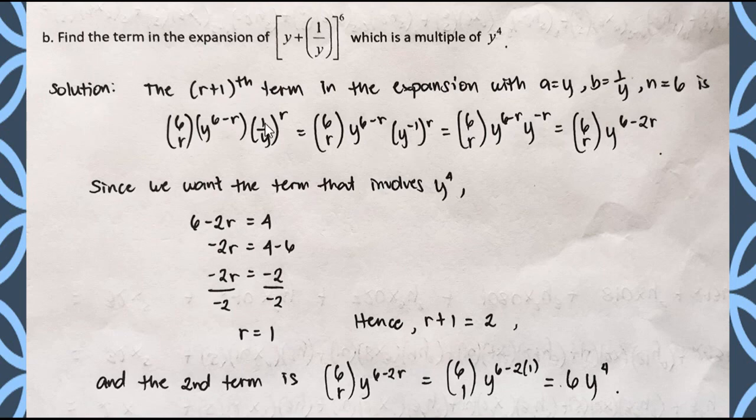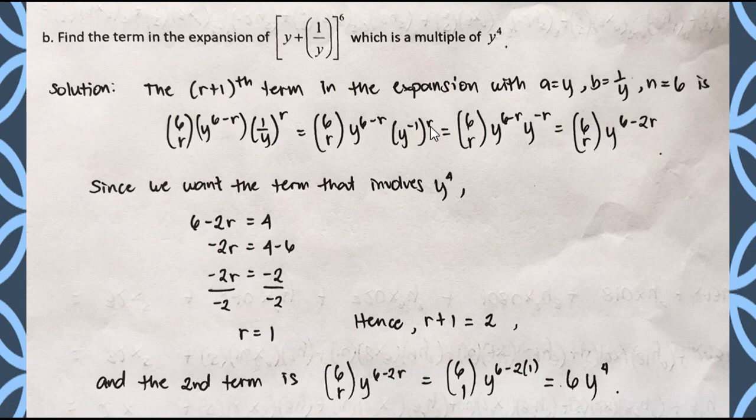Last time, kang inaog na to siya para ma-positive, diba? Since kana siya, negative siya, inaog ni mo ng 1 over y. Bali lang siya atong last time. To the power of r. That is equal to 6 taken r at a time, y to the power of 6 minus r, y to the power of negative r.